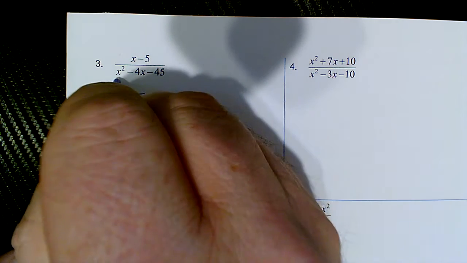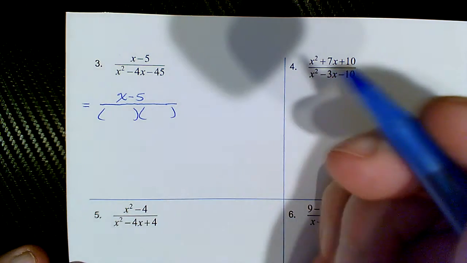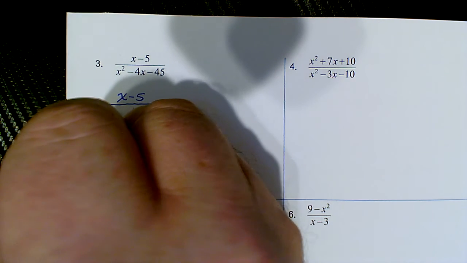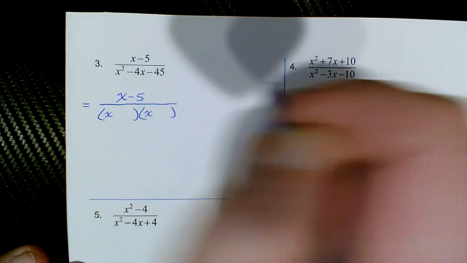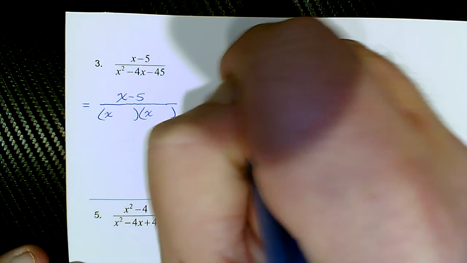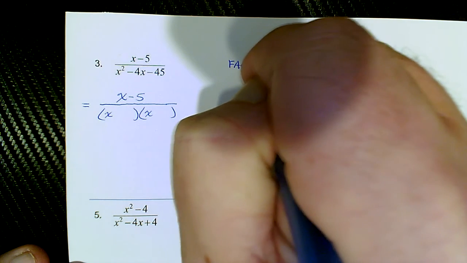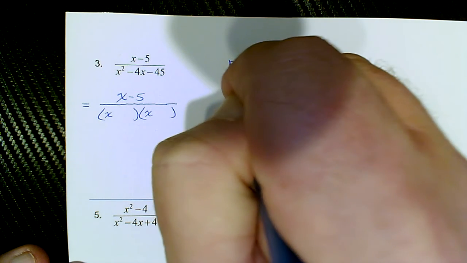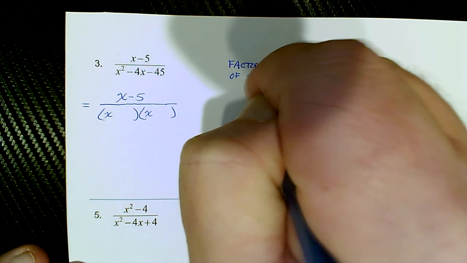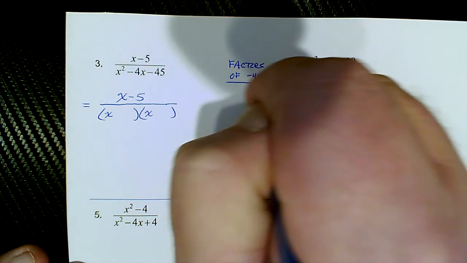And the nice thing about this is the leading coefficient is 1, so we know we just need an x and an x. And then if you want to list the factors of the constant term, negative 45.